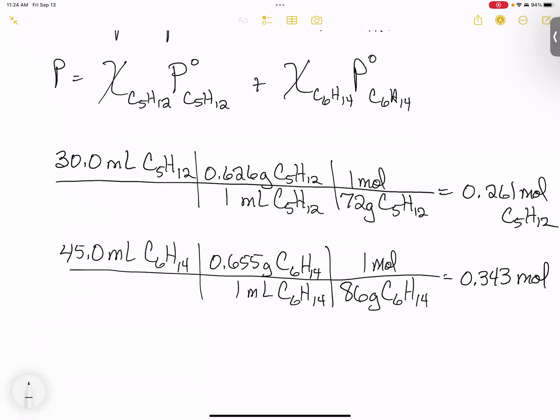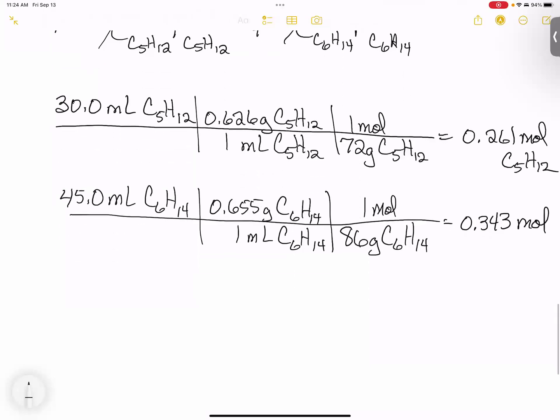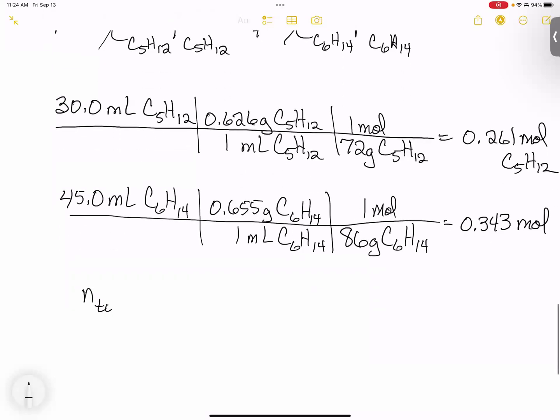Our total moles, which we're going to need, is 0.261 plus 0.343, or in other words, 0.604. Now that we have our moles of material, we can actually do the mole fraction like we're supposed to do.